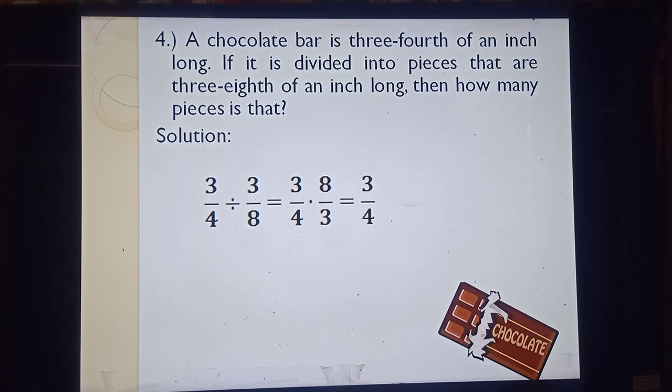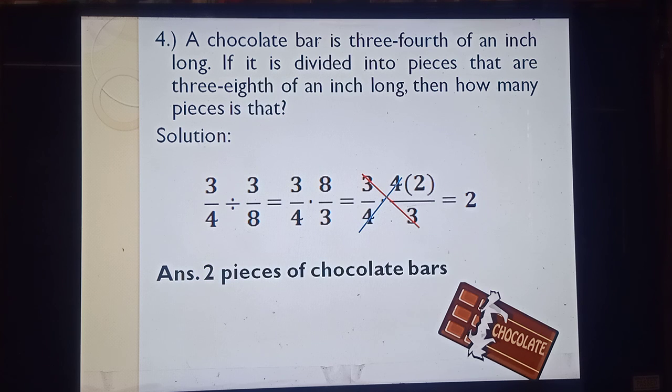So we have 3/4 times, let's factor out 8, that is 2 times 4 or 4 times 2/3. Common factors, 3 and 3, so we could cancel it out. And then 4 and 4 between numerator and denominator, so we could cancel it out. So the answer would be equal to 2. So therefore, for problem number 4, there would be 2 pieces of chocolate bars.